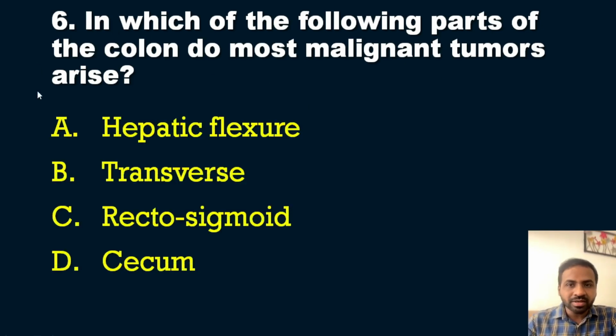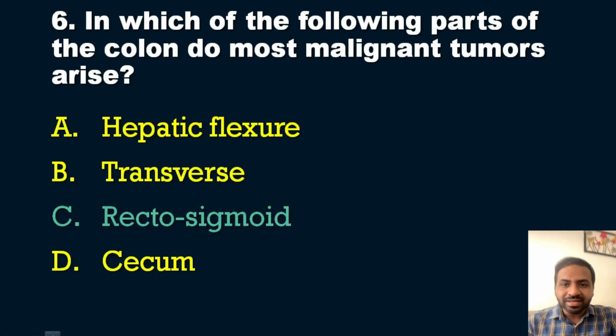Your options are: the first option is hepatic flexure, the second option is transverse colon, the third option is rectosigmoid colon, and the final option is the cecum. So where can we expect most malignant colon cancers? So what is the answer?